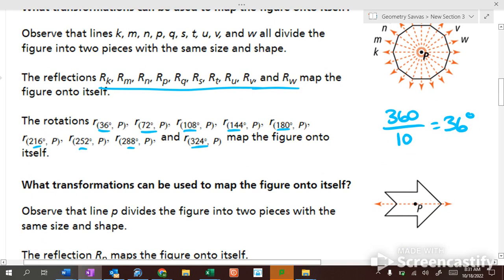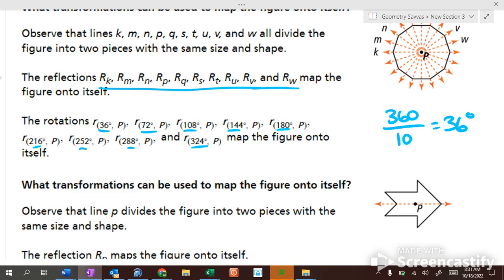So looking at this, how many lines of symmetry will this have? How many lines of symmetry is this arrow going to have? Just the one, just the folding down. You can't fold it over that way and be symmetrical. How much rotational symmetry does this have? Does this have rotational symmetry?